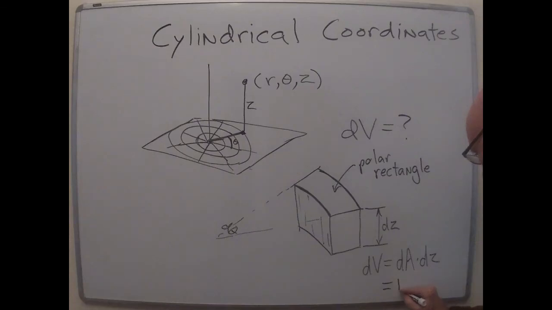So here we go: r dr d theta, and then dz. Not too bad. It's basically the product of differential radius, differential angle, differential z, but there's an extra factor r that comes in. But that came about from polar coordinates. We'd already dealt with that r before. When we try to do things spherically, this is going to be tougher.